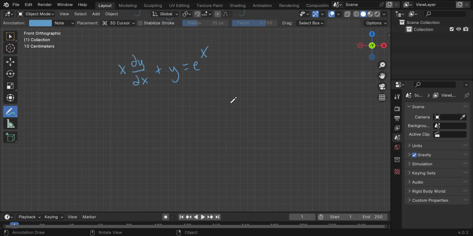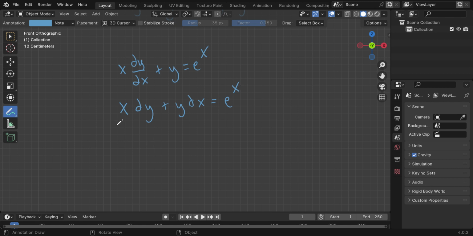Now what I'm going to do is multiply both sides by dx, and I'm going to get x times dy plus y times dx is equal to e to the x dx.